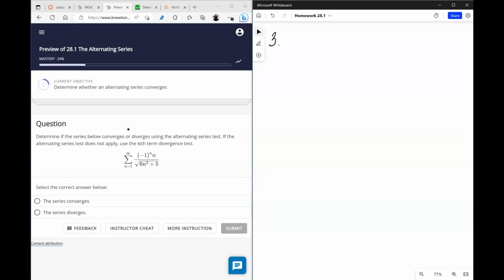All right, another series. I will just write this alternating sign here. And we're going to use the alternating series test. Before we do that, we're going to check two conditions.